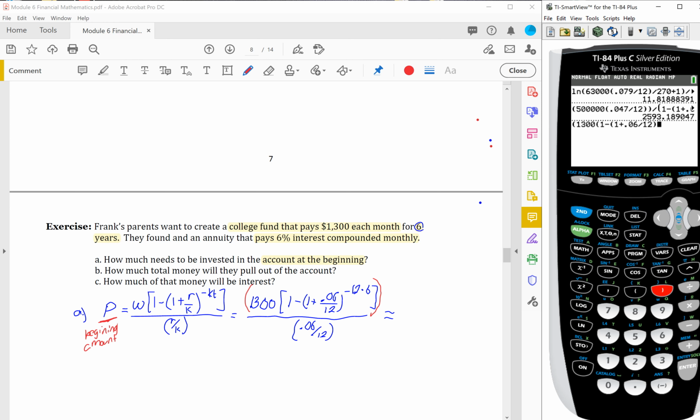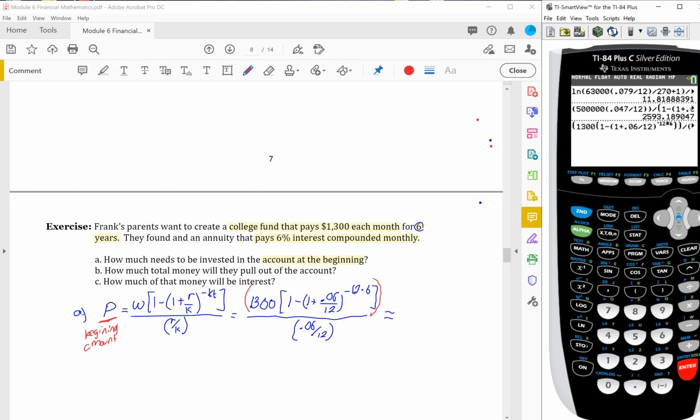Now I need to do my exponent, which is going to be negative 12 times 6. Now I need to get out of the exponent, so I'll arrow over, and I'll put a first parenthesis that represents my blue bracket, and I'll put another parenthesis that represents my red grouping symbol that I use for my numerator, divided by 0.06 divided by 12.